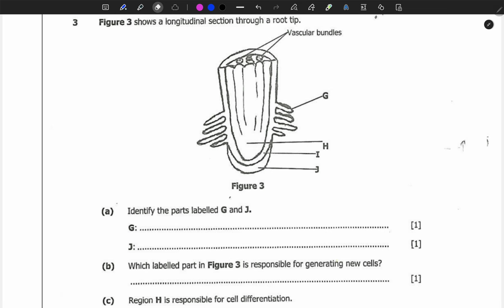The G is this one. So these are our G. These are known as the root hairs. Then what of our J? Our J is this structure here covering the sensitive part of the root. This is called a root cap.